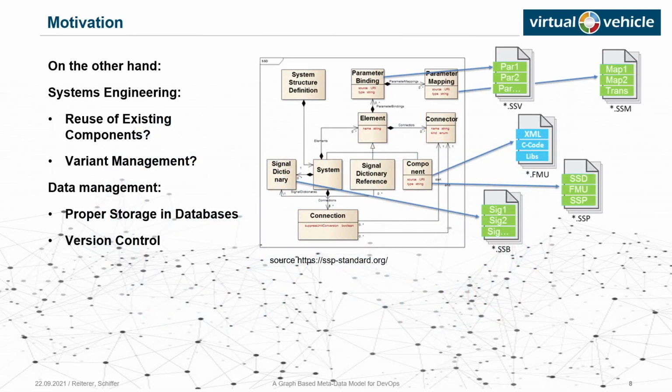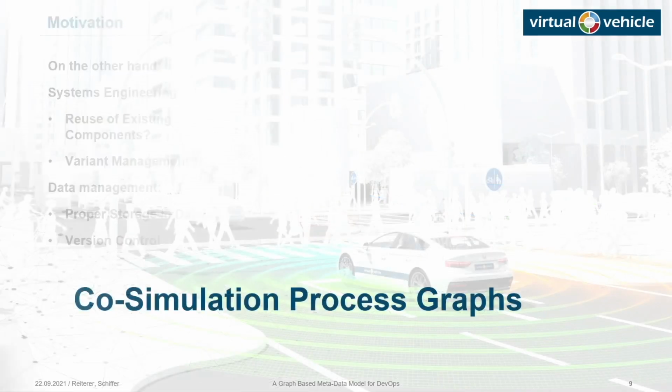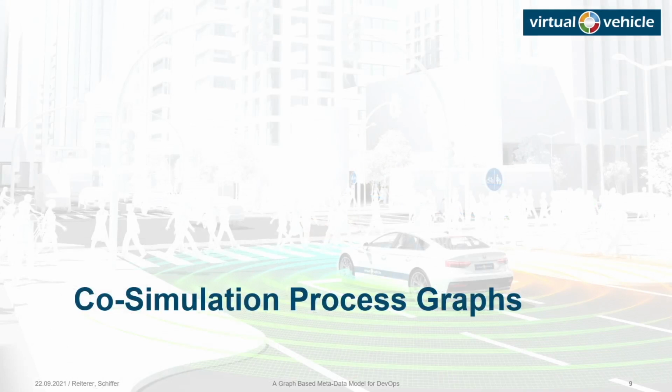As we all know, especially how to deal with a lot of configurations, variant management, how to reuse existing components, and how to store and version this in a proper way, especially versioning of different variants and concepts, is especially hard. And for this, we have to talk about how to store it, the proper data structure, and this will lead us to the co-simulation process graphs.